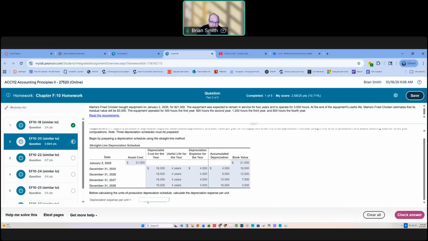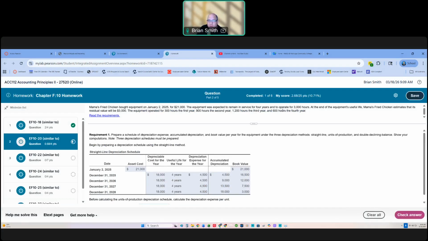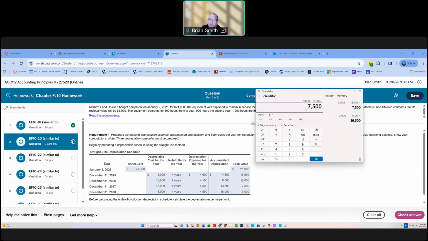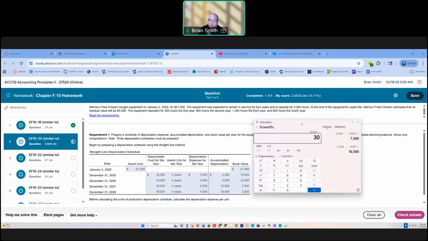Now, depreciation expense per unit. We're doing this the units of production method. So we estimate 3,000 hours. So we're going to take our 18,000, divide it by the number of hours, and I've already forgot what number I said. 3,000.